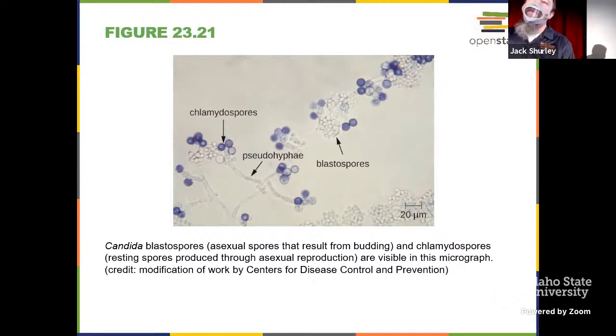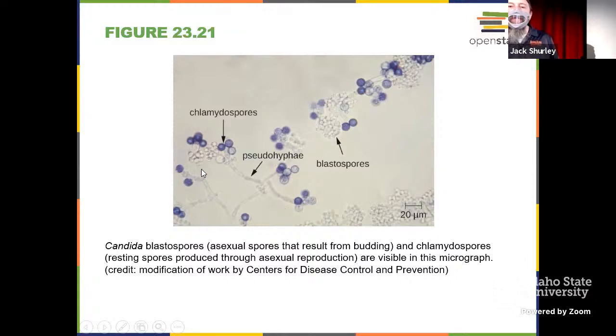These are yeast cells, but they produce structures that are reminiscent. They appear kind of like that under the microscope. With careful examination, you can see that it's not long filamentous strands. It's connected to the yeast cell in the first place. And you'll see an image here in just a second that does a better job of showing that.